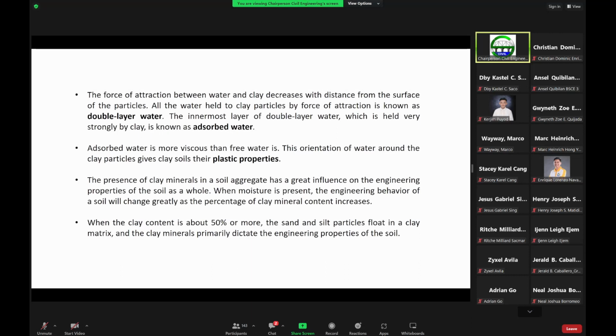In practice, normally, we try to assess if it is purely silt, or a sandy silt, or a clay silt, according to the USCS classification. Because if it is a clay silt, then we treat it differently as compared to a sandy silt. The geotechnical analysis or assessments will be treated differently.